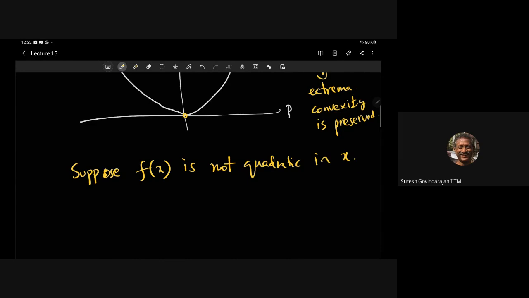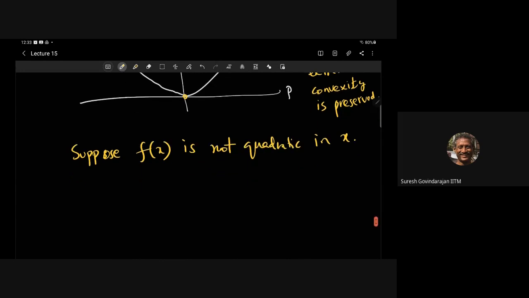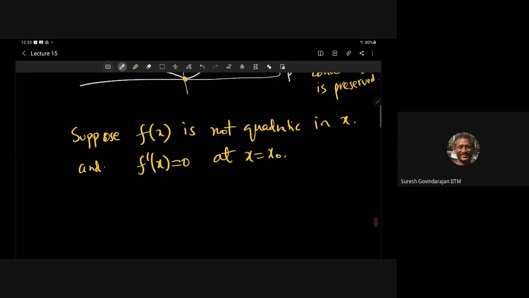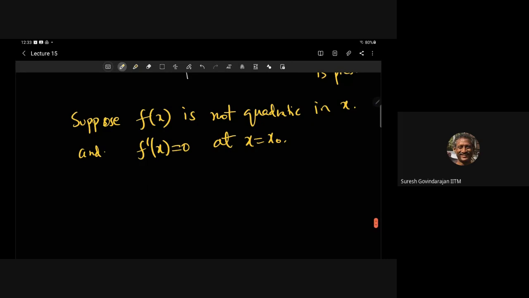But let's say that we have an extremum, so f prime of x equal to 0 at x equal to x naught. Some minimum or extremum.